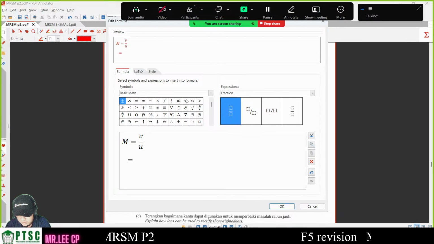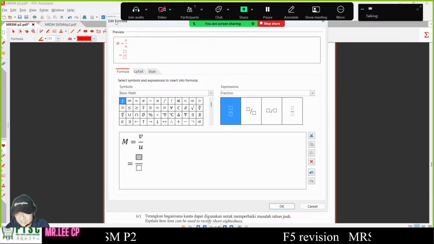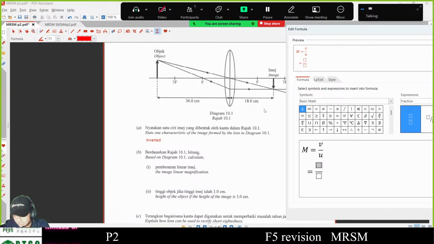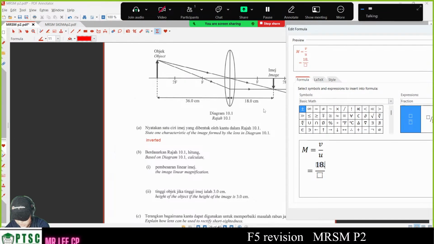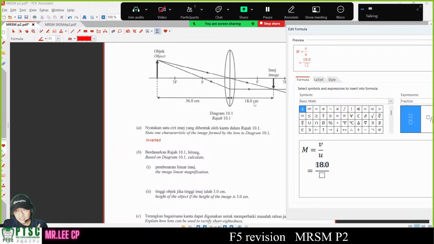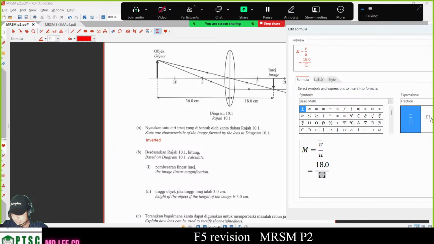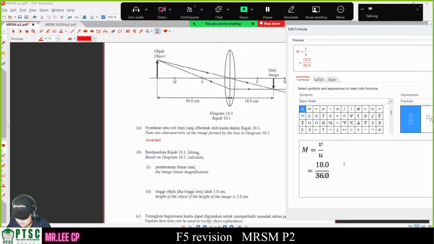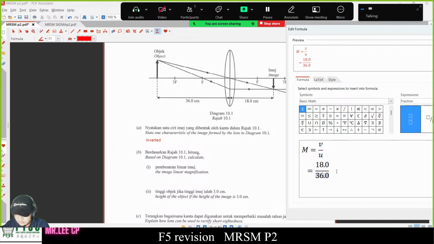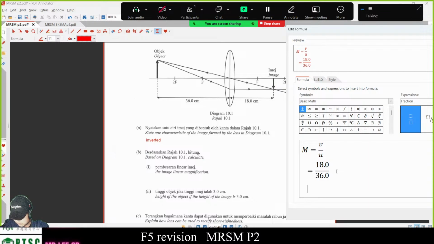So it is equal to 18 divided by 36. SPM wants you to write 18.0. They use 0.0, you follow 0.0. Don't write 18 only. So this one is 36.0. So 18.0 divided by 36.0 is 0.5.